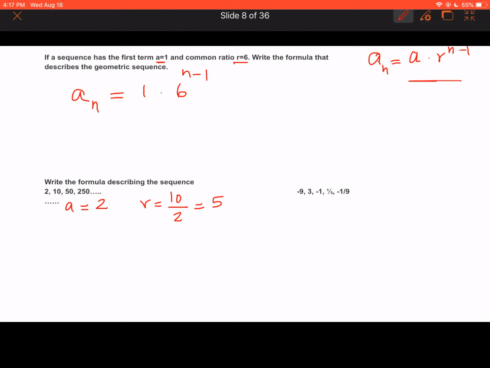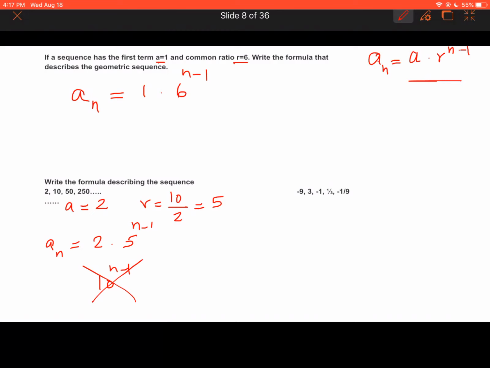Since we know the values now, we just substitute in the equation. a_n is equal to a, that is 2, times r, that is 5, to the power of n minus 1. And we should never multiply the 2 and 5 and write 10 to the power of n minus 1, because this n minus 1 is only for 5 and not for the term 2.